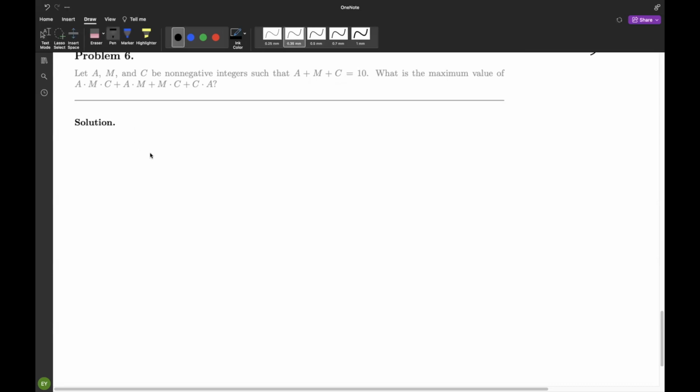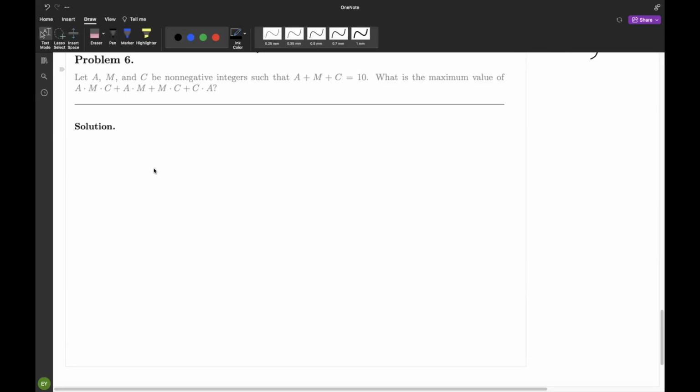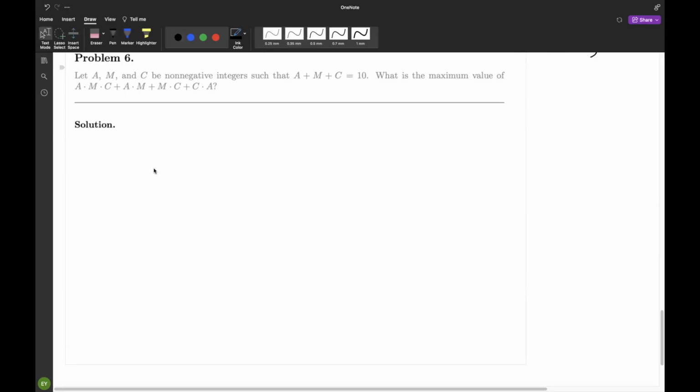Okay, so there is a thing called AMGM inequality, but we don't have to deeply study that in order to solve this problem. So there is a theorem we need to use here. It's called AMGM inequality. It's not that we have to use this inequality itself, but rather the insight and understanding we can get from this inequality.